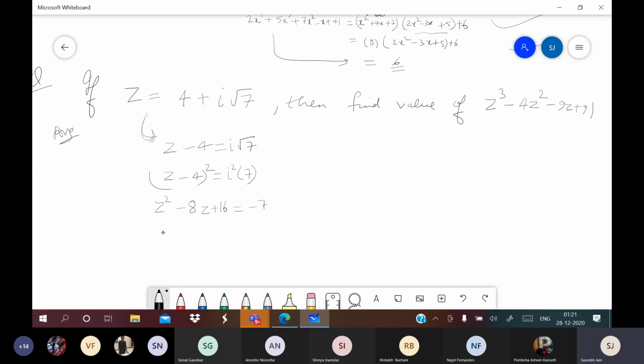Then you shift 7 to the left hand side, and I think this value will come out to be 23, right? Now the dividend is z cube minus 4z square minus 9z plus 91, and this is your divisor. Okay. So first we multiply by z. Okay, same process is followed.